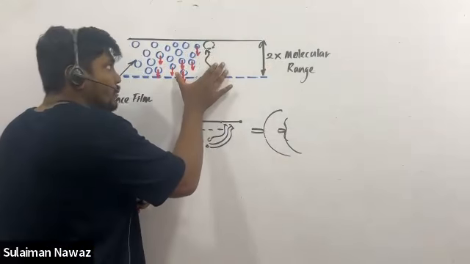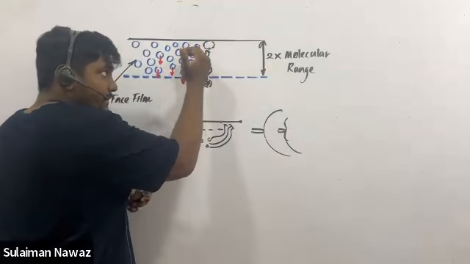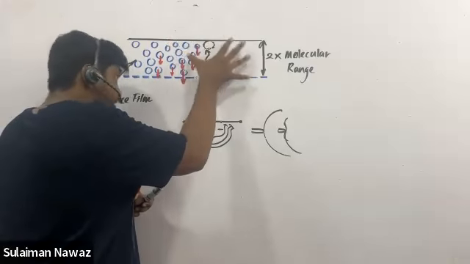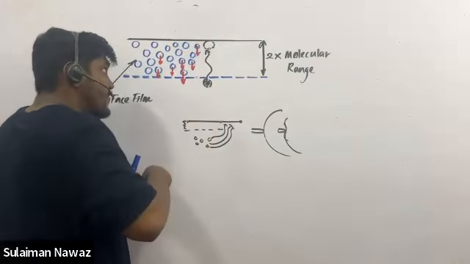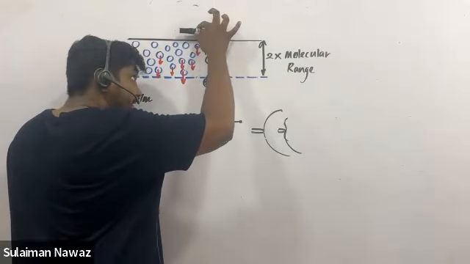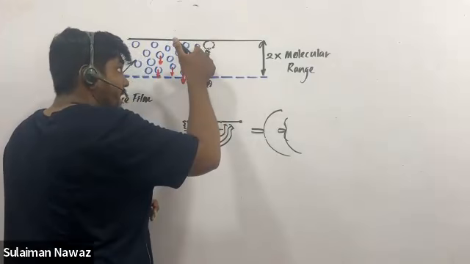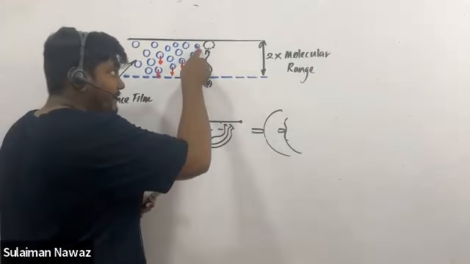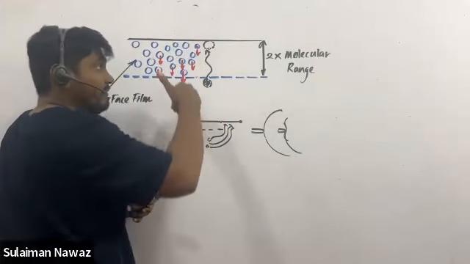in liquids also, I mentioned that when you consider liquid particles in the surface film, there's a resultant force in the downward direction. So when you place something on top of this liquid surface, these particles are ready to go down, because there is a resultant force acting on the particles in the down direction.